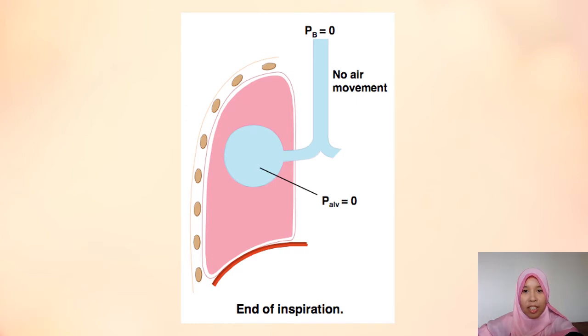You can see that the air moves until there is no more pressure gradient. There is no more difference in the pressure inside and outside. So when there is no difference in the pressure inside and outside, the net air movement is now zero. This is the end of the inspiration.